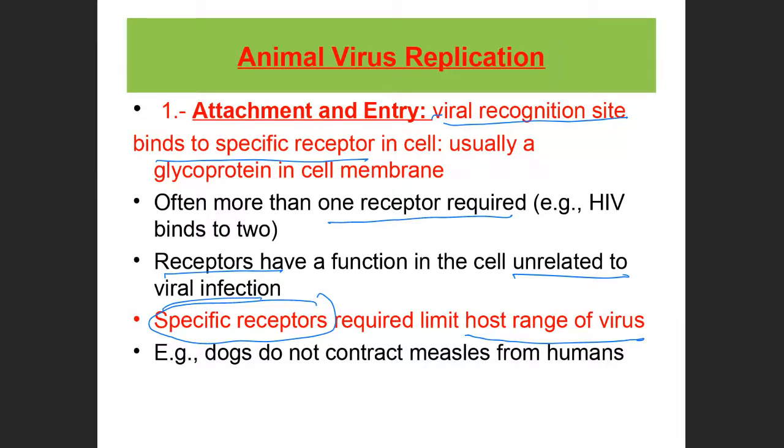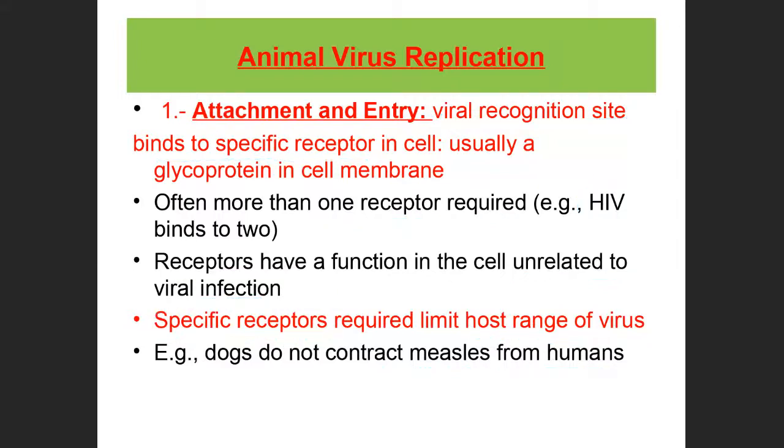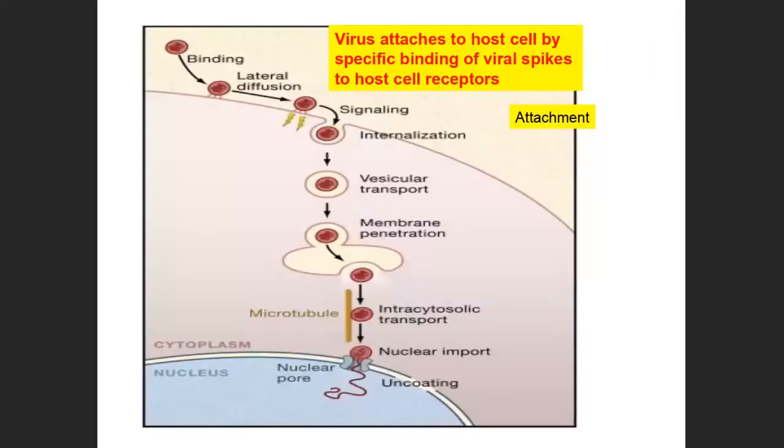So that's what limits the HIV virus to having only human hosts, because the receptor that it binds is only found in human cells. So dogs do not contract measles from humans because dogs don't have the receptors that the measles virus binds in human cells. Okay, so that is true for most viruses.